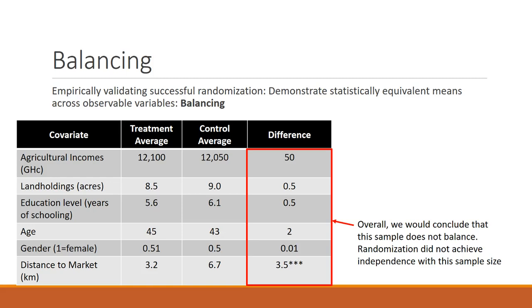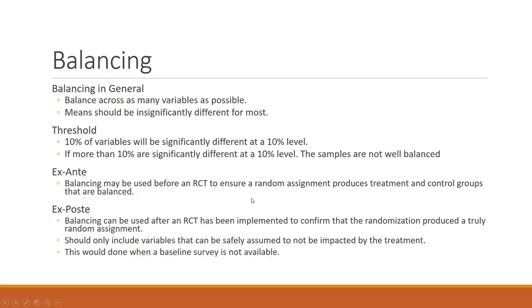Or if we have 1 out of 10 variables that are significant at more than the 10% level, so let's say we had one out of 10 variables was significant at the 5% level, that would mean that it's not well balanced. Okay.